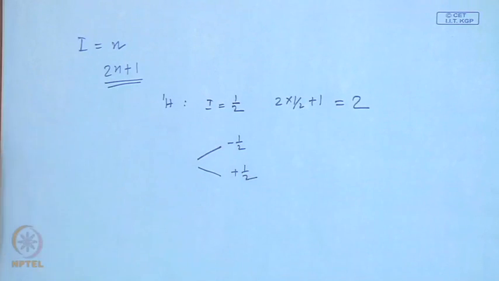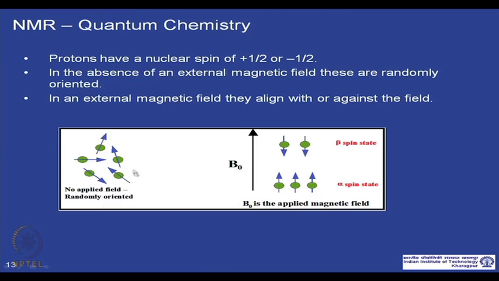So, in terms of pictorial representation, for a proton, these spins are randomly oriented when there is no external magnetic field. Now, if an external magnetic field is applied to the molecule, then they can align in two different ways.